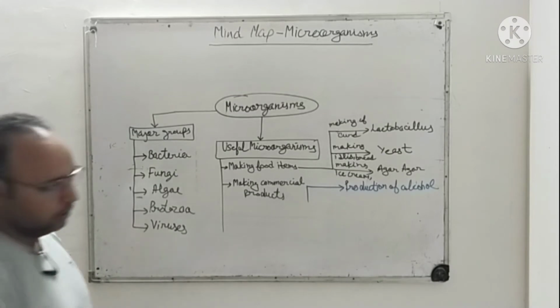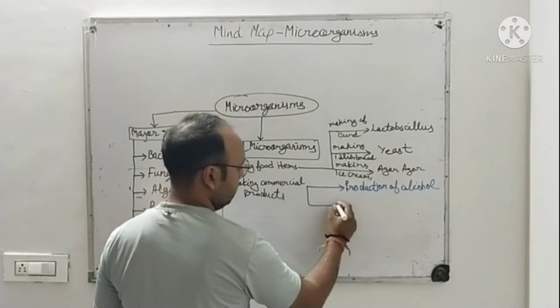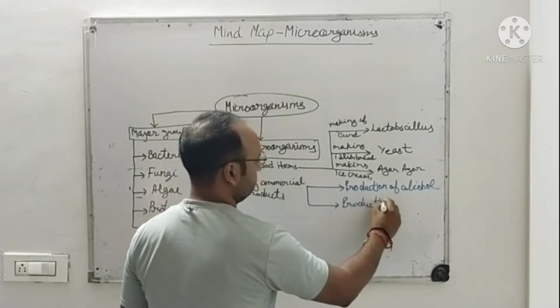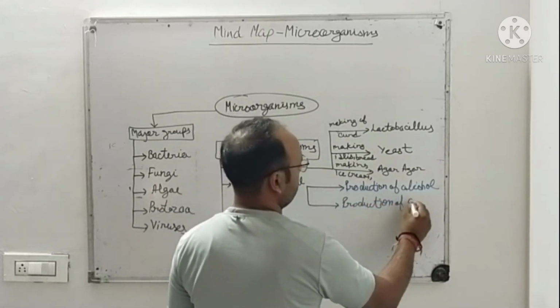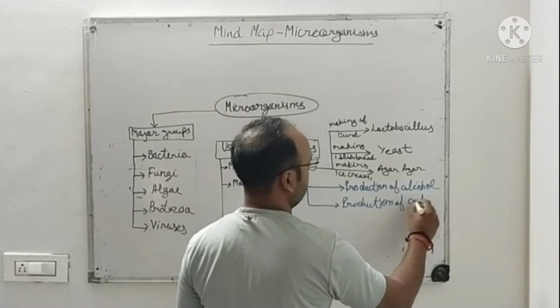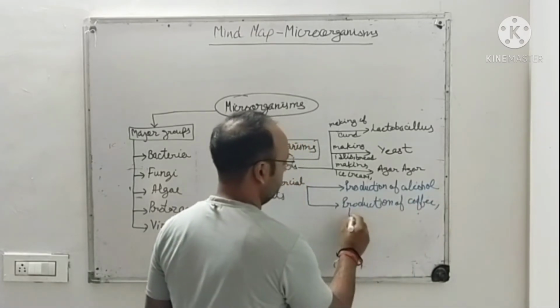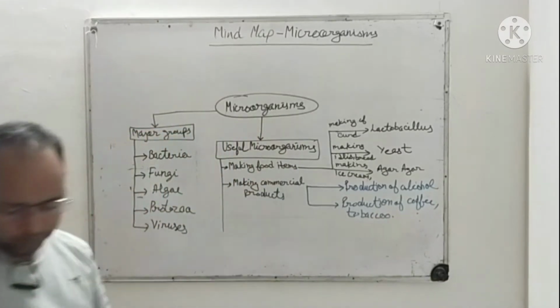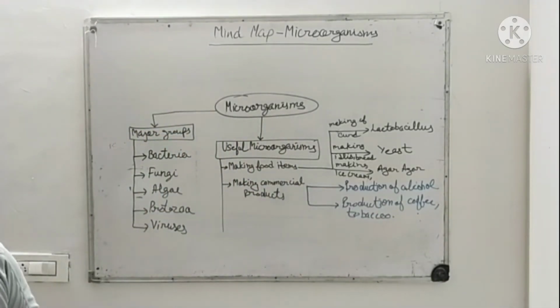We have already discussed. Then production of coffee, tobacco also. So these are produced from here.